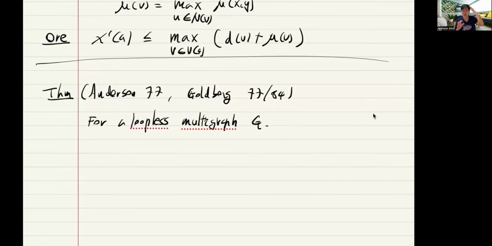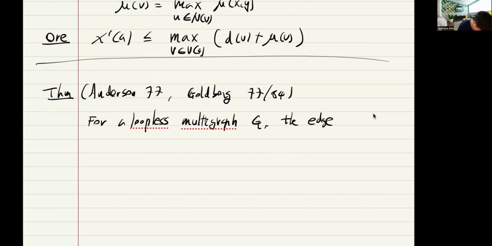If there are loops, then in terms of edge coloring, it doesn't really make sense. Oh no, okay, what am I saying? That was not correct, so just forget what I just said. There could be a loop. In that case, as long as the loop gets a different color from the other edges, it's okay. Anyway, this theorem is regarding only loopless multigraphs.